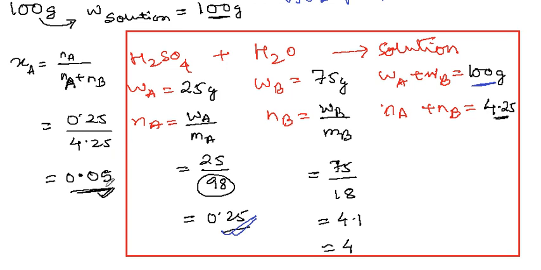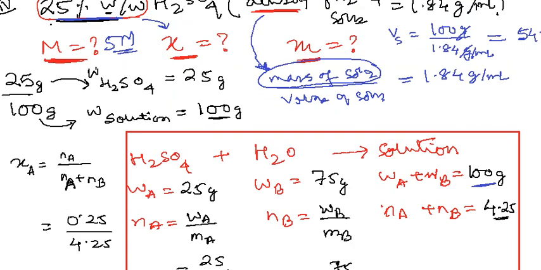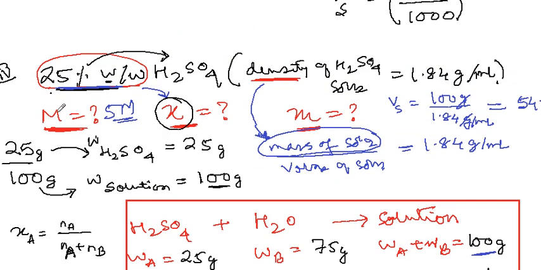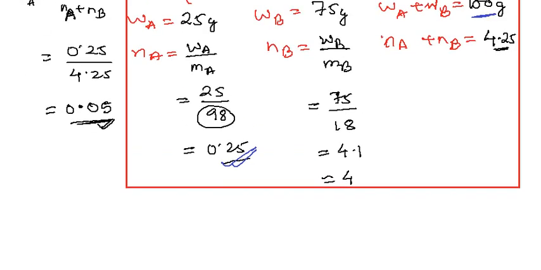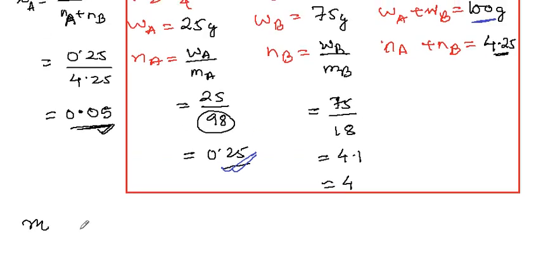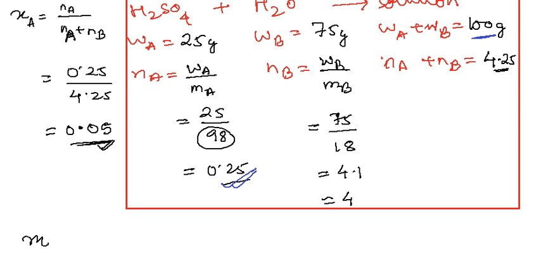The next concentration term that we are interested in now is the molality. Molality is again very simple. To find the molality, we have the formula: the number of moles of the solute out of 1 kg of the solvent.